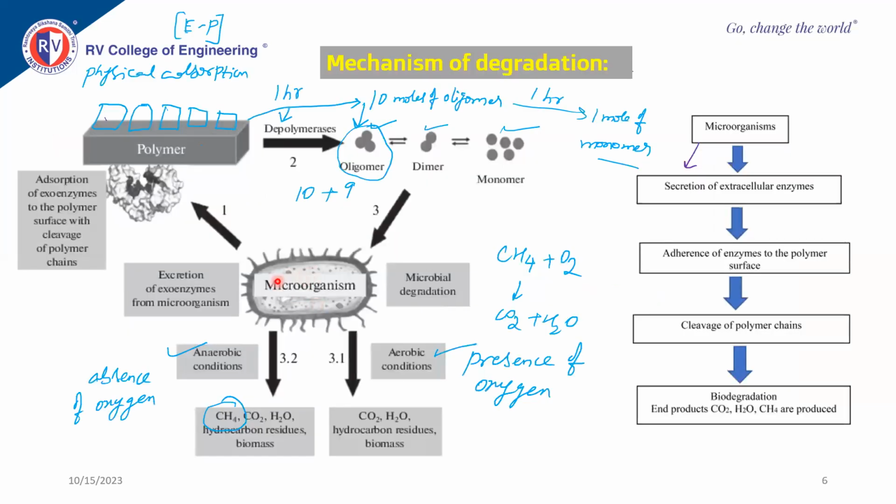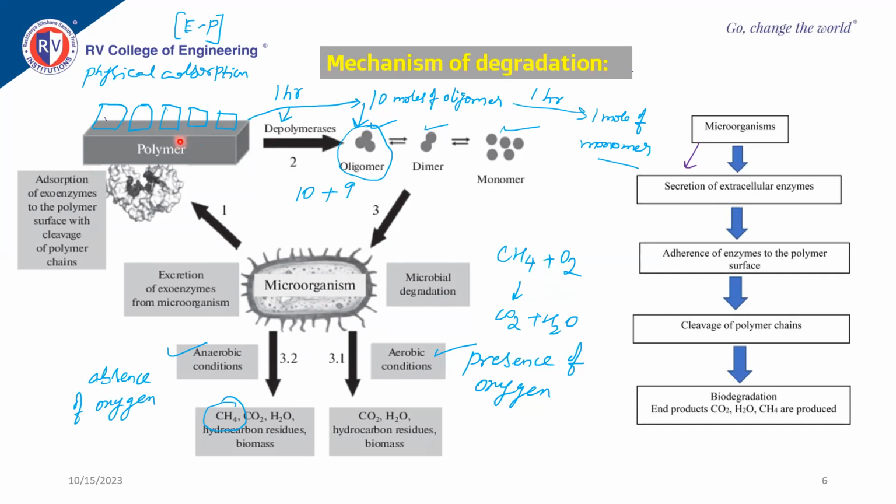Now, how could we understand the mechanism? When microorganisms excrete an enzyme, it initially adsorbs over the polymer surface, normally physical adsorption, although complex formation is also reported, but by and large, we consider physical adsorption. Once it adsorbs, the polymer serves as food for the enzymes.